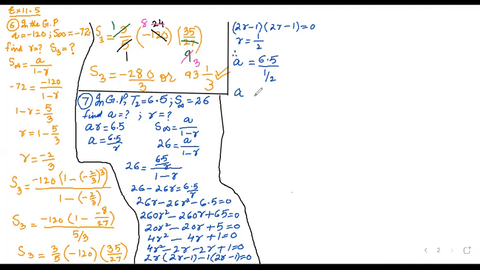So A will become equal to 13. So now making it permanent, R is this and A is this. So this is the answer for R and A.